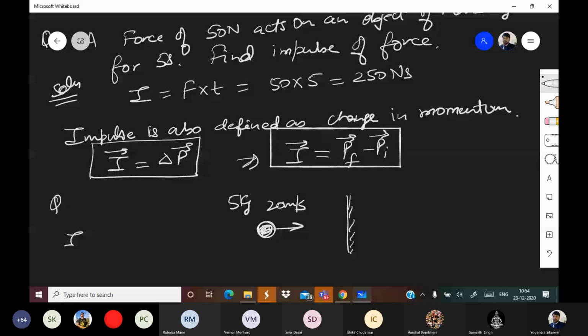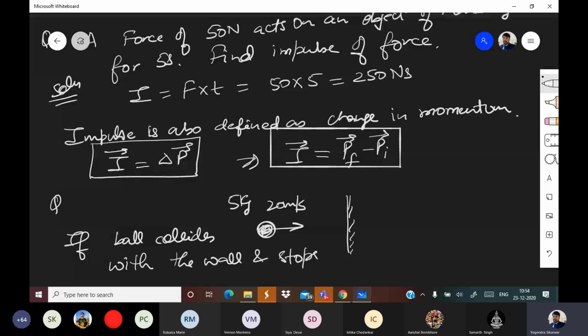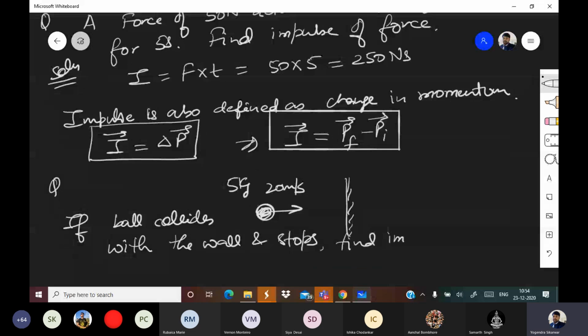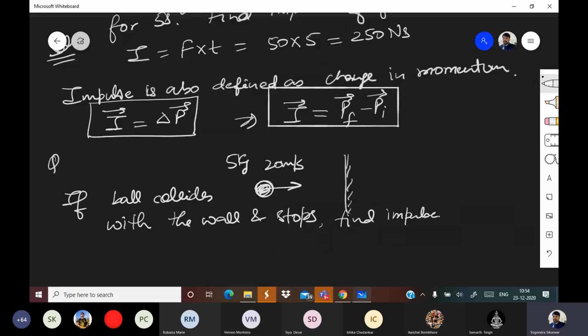If the ball collides with the wall and stops, find the impulse exerted by the wall on the ball. Please find.